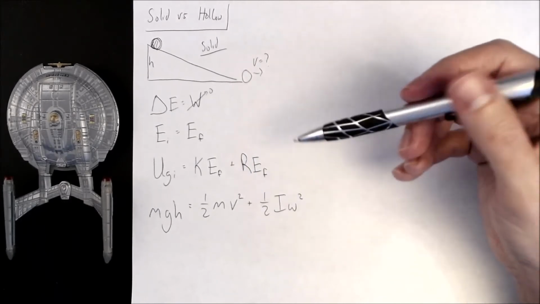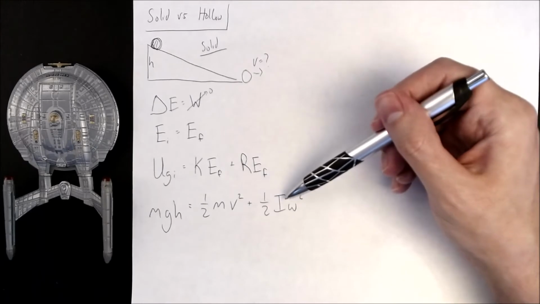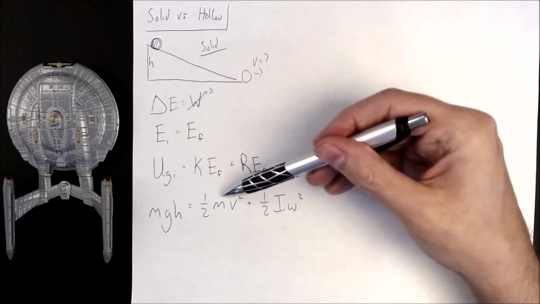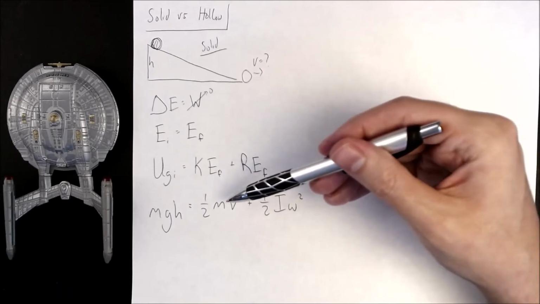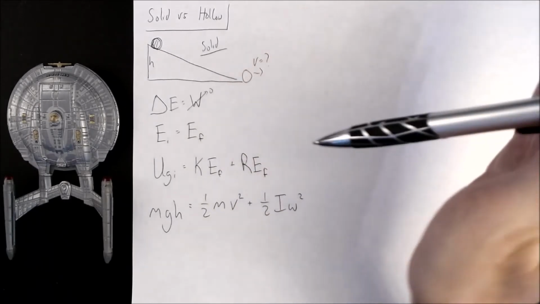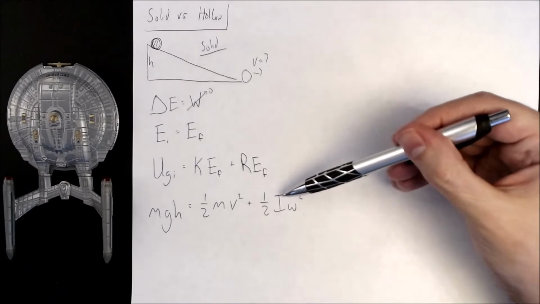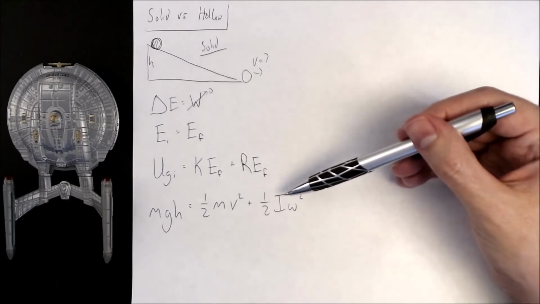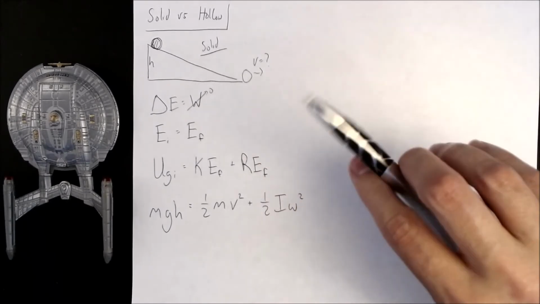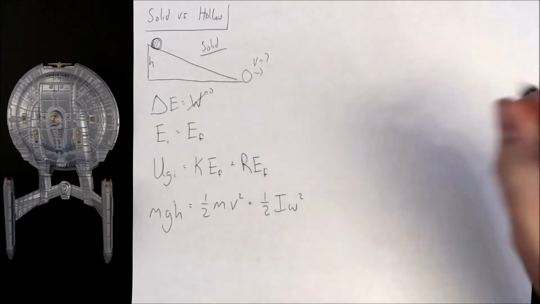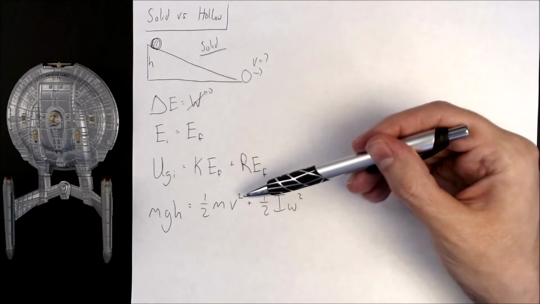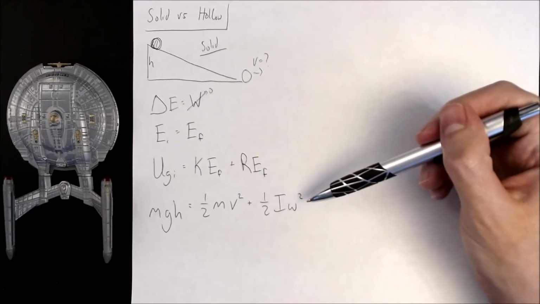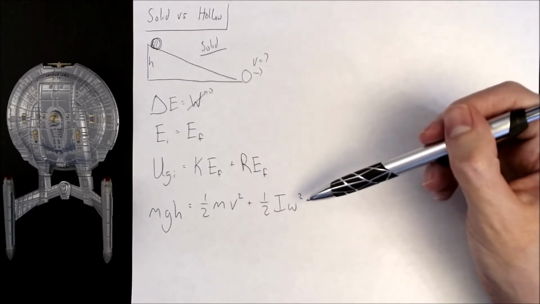This is for a real good reason. The mass of an object is how hard it is to accelerate that object. The more massive an object, the more force it requires to accelerate an object. The greater the moment of inertia of an object, the more effort it takes to rotate that object. v is a measure of how fast that object is going. Omega is a measure of how fast that object is rotating.